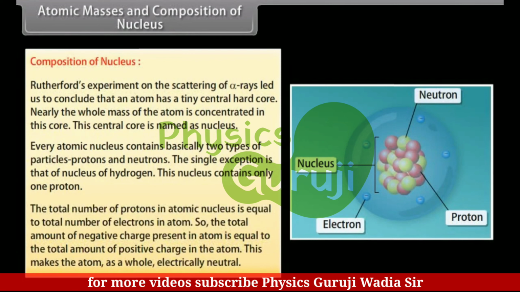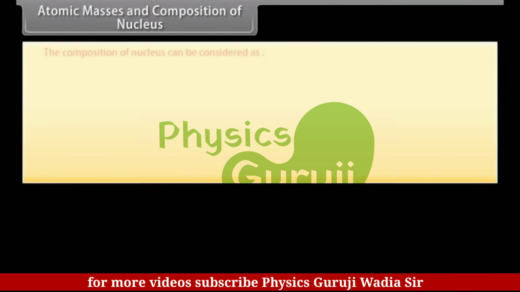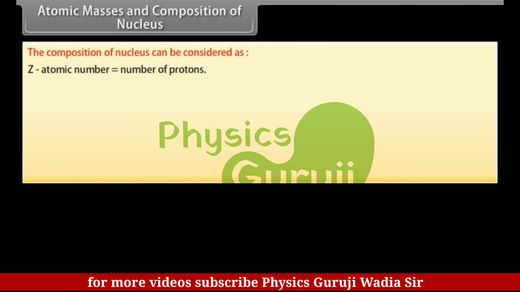The total number of protons in atomic nucleus is equal to total number of electrons in atom. So, the total amount of negative charge present in atom is equal to the total amount of positive charge in the atom. This makes the atom as a whole electrically neutral. The composition of nucleus can be considered as: let Z be atomic number, which is equal to number of protons.